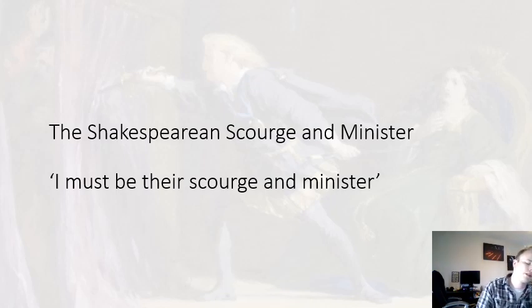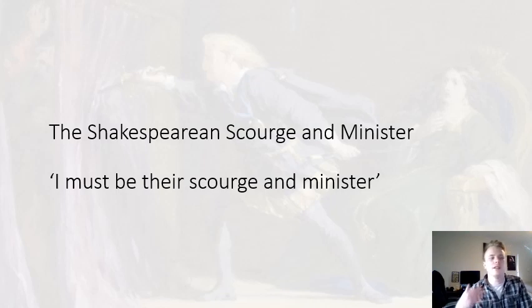The same with Richard III. Following on from all the chaos, the Wars of the Roses, Richard really does cause a lot of self-destruction. He kills his brothers, he kills their children, and then Henry is allowed to come in as the minister and restore order. But you need that scourge figure to cleanse away the deadwood in a nasty way, and then the minister can come back in.